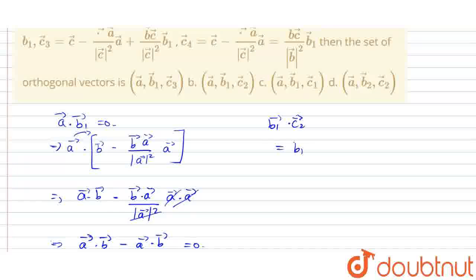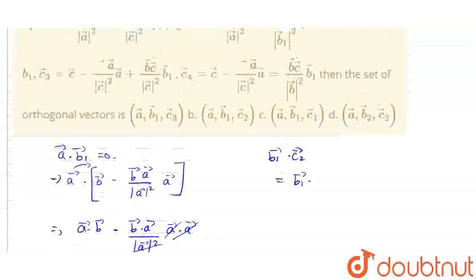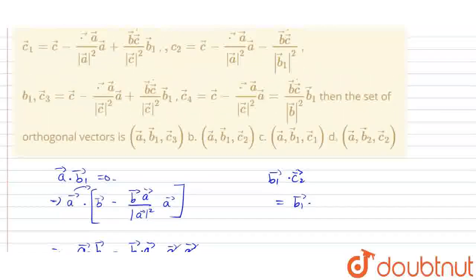So B1 vector into C2 vector, where C2 vector is C vector minus (C vector dot A vector) divided by mod of A vector square into A vector minus (B vector dot C vector) divided by B1 vector square into B1 vector, right?